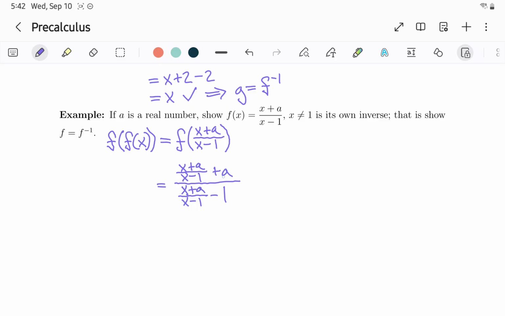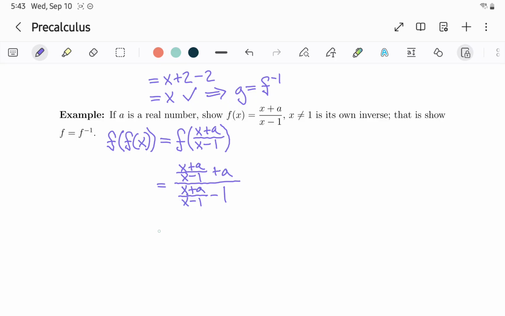We can think about a as being the same as a over 1, and then we can multiply both the top and bottom by x minus 1. Similarly, in the denominator, to subtract 1 from x plus a over x minus 1, we are again going to need a common denominator. So we can pretend minus 1 is the same as minus 1 over 1 and multiply both the top and the bottom of that by x minus 1.